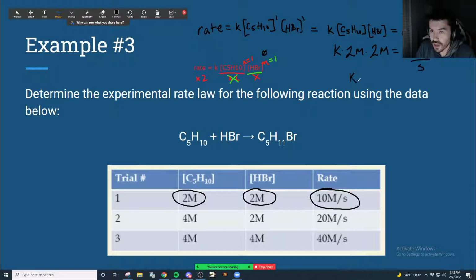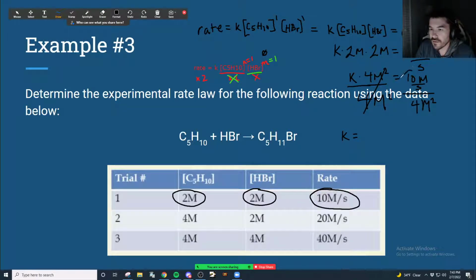So I have k times 4 molar squared, or moles squared per liter squared. This would be equal to my 10 molarity per second. I need to divide both sides of my equation by 4 molar squared. This is going to isolate k.